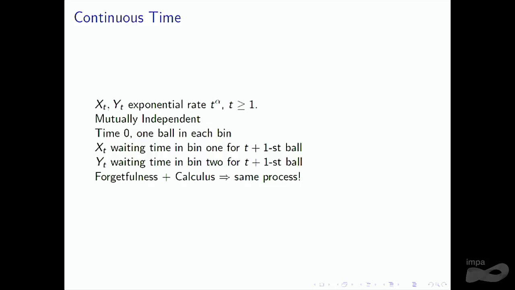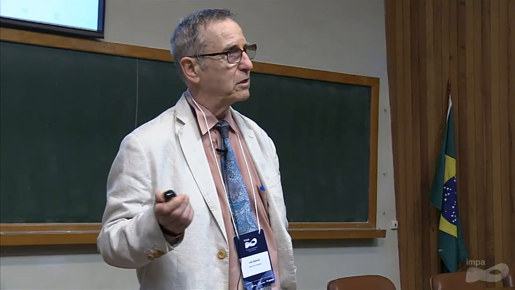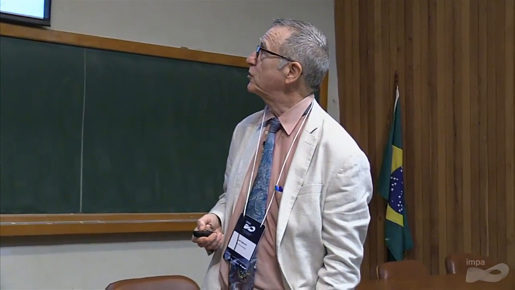Exponential with rate kappa, the way I think of it is in infinitesimal time dt, it has probability kappa dt of getting the next ball, but it also has the forgetfulness property, that it doesn't matter that it's been waiting for 10 years, it's still the same amount of time till it gets. So this is the exponential distribution.